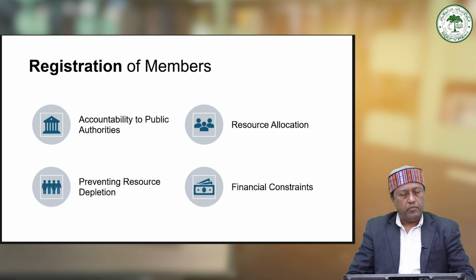Third, why this registration is important is to prevent resource depletion. Without registration, there is a risk of resource depletion, as multiple patrons may request the same book simultaneously, and failure to track borrowed items could result in delays or unmet requests for other patrons seeking the same title.